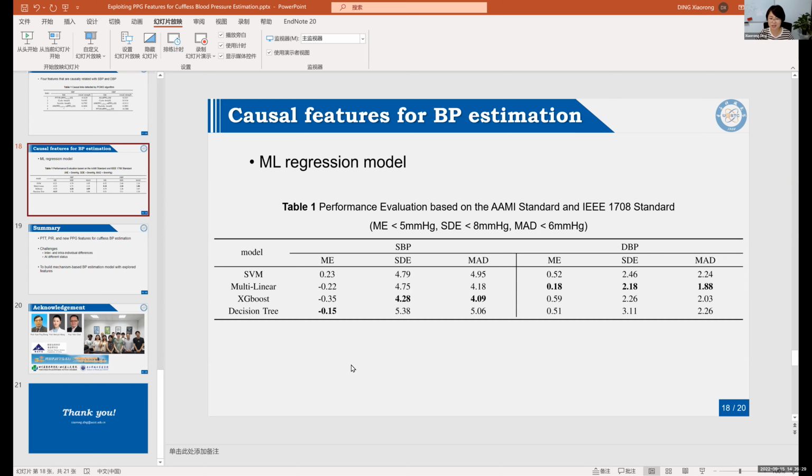You can try all kinds of features if you would like to do exploration, like in the time domain, as I did for the work I just introduced, as well as features in the spectral domain, as well as some nonlinear dynamic features. You can extract the features from each channel or each wavelength of the PPG. I think that is a possible way.